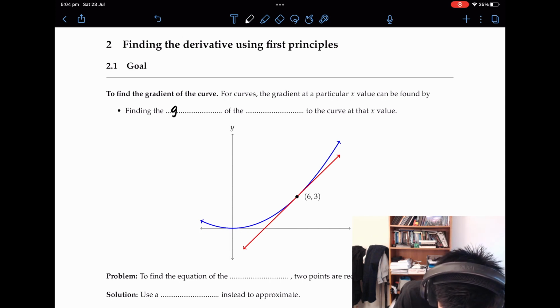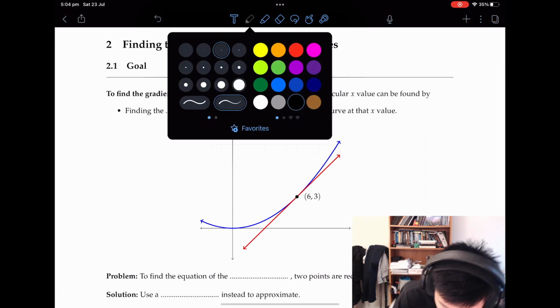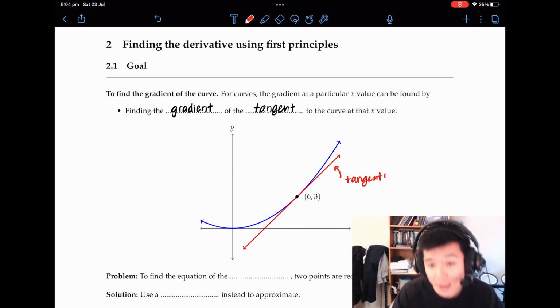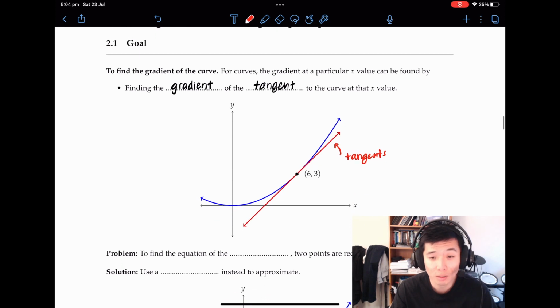And that's what I have drawn for you here. As you can see, that red line, that's a tangent, right? And we know that tangents only touch the curve at one point. And we wanted to actually find the gradient of this tangent.